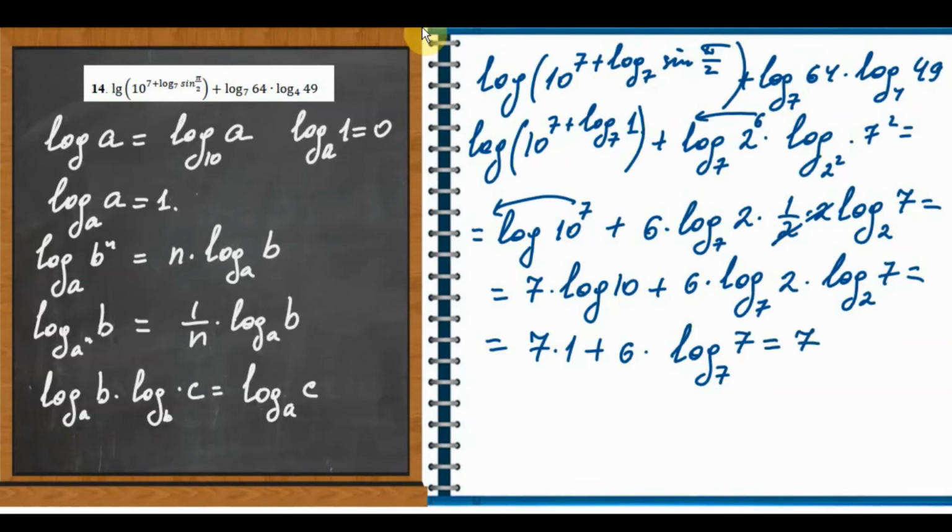So 7 plus 6 multiplied by 1 is 7 plus 6, it is 13. So the correct answer is 13.